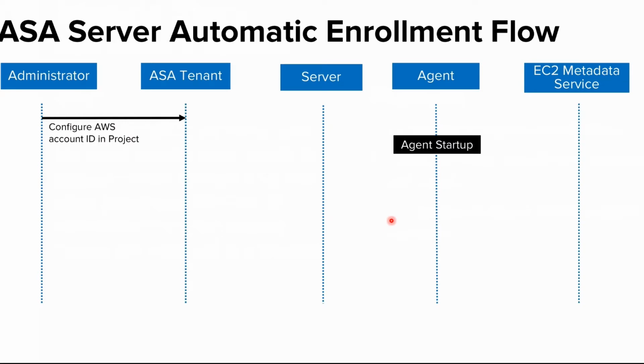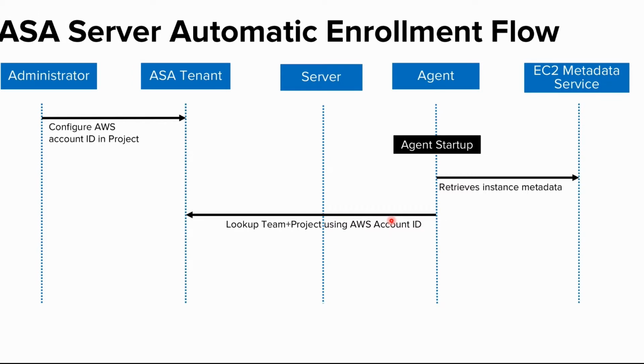So you put the agent on a server in that AWS account. The agent's going to reach out and get some metadata about the instance, and then it's going to look up the team and project based on that account ID. And then it'll store the server's identity on the server.